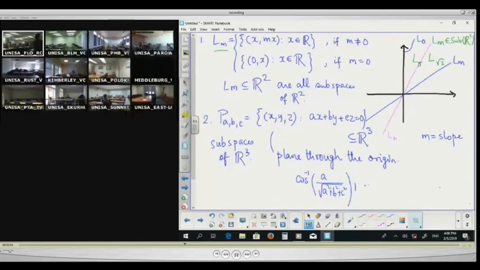Here's a quick example. This one is a subspace, x-axis. This one is a subspace, y-axis. Right? But if I take the union of these two, it is not. You can do the similar over here. So why? Let's see.